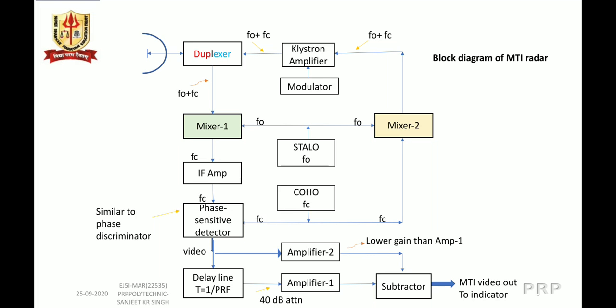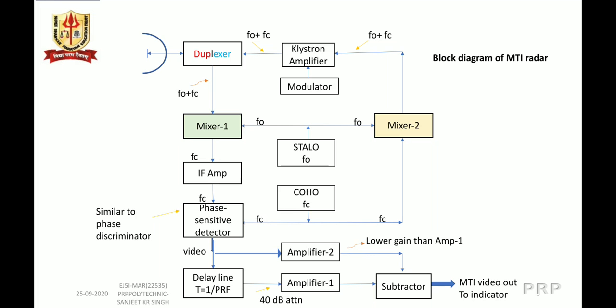Amplifier 1 needs a higher gain because its signal has undergone a delay and attenuation of 40 dB that may be introduced by the delay line.